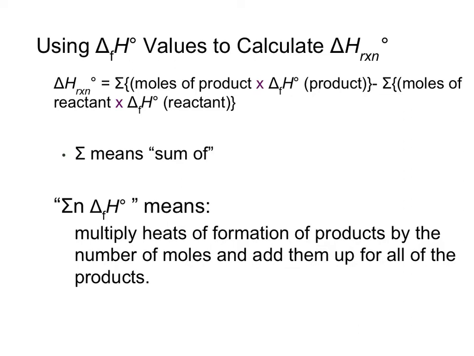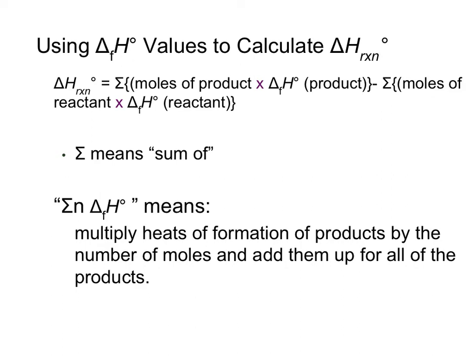Earlier, we looked at the enthalpies of reaction by looking at thermochemical equations. It turns out that we can actually use our enthalpies of formation in order to calculate that enthalpy of a reaction. And so to do so, our enthalpy of reaction will equal the total enthalpy of our products minus the total enthalpy of formation of our reactants.